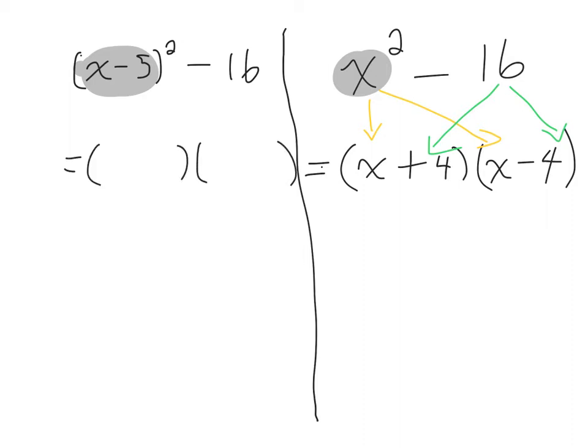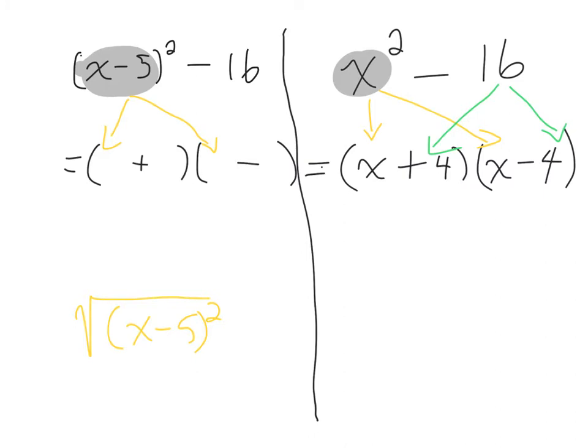And I would put an addition in the first bracket and a subtraction in the other one. I would take the square root of my first term and place it in the first position of the bracket. So then I'm going to ask myself, what is the square root of x minus 5 all squared?